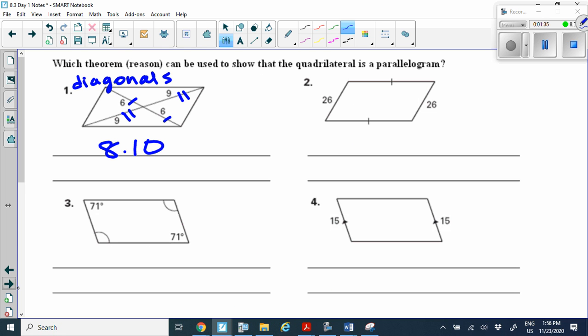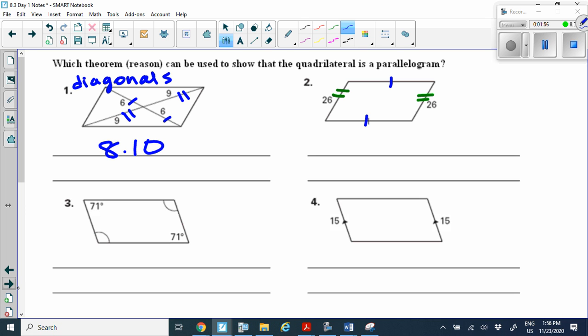Okay, let's look at number 2. So here, notice that we have tick marks. Remember, the tick marks represent that those sides are congruent. So we have one pair of opposite sides congruent, but notice then the other opposite sides. We have 26 and 26. Well, since they are the same measurement, we can also say that they are congruent.